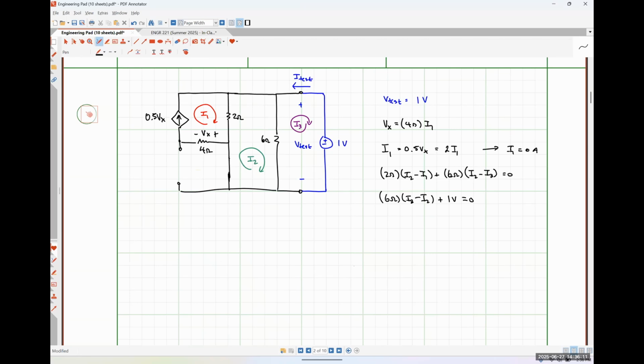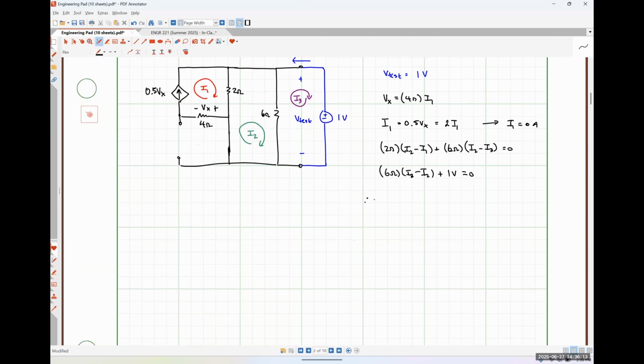And I wound up getting I1 is equal to 0 amps, I2 is equal to negative 1/2 of an amp, and I3 is equal to negative 2/3 of an amp.